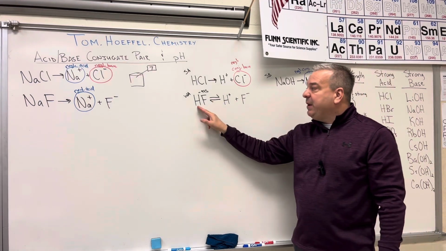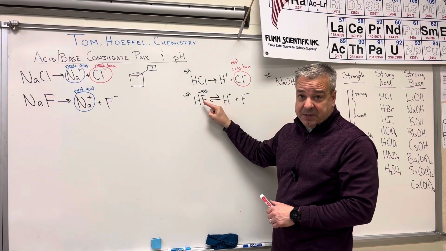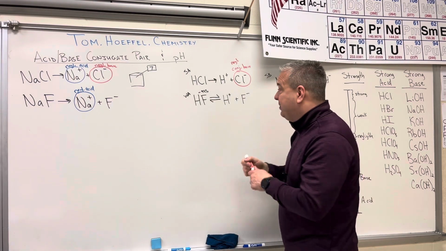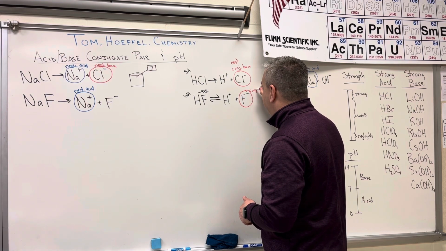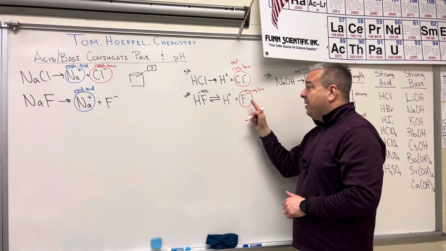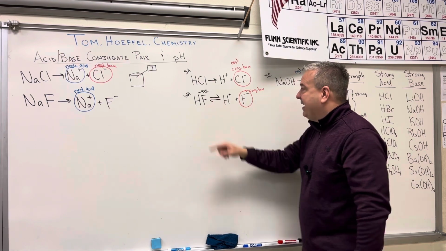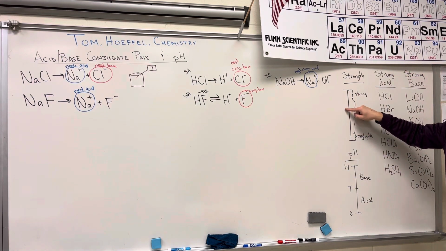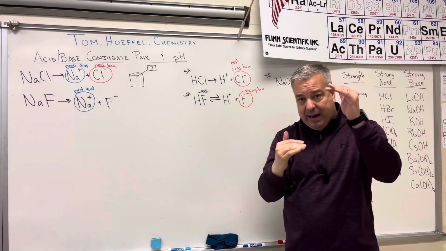If we have a weak acid, its conjugate, which is a substance that's present after the proton is donated, is going to be the conjugate base, just like the chloride ion was a conjugate base. But now we have to determine the strength. This acid is weak, so it's kind of like starting up here. If the acid is weak, then the conjugate is going to be in that weak category as well.